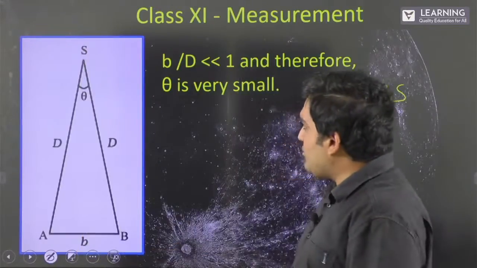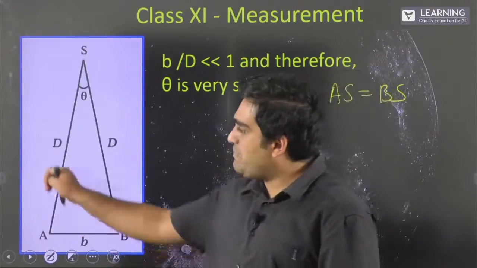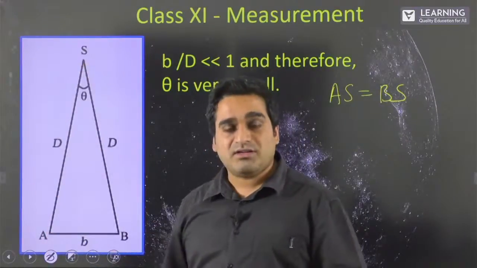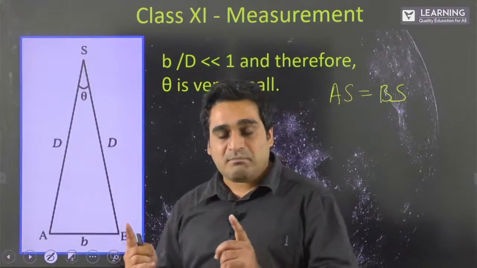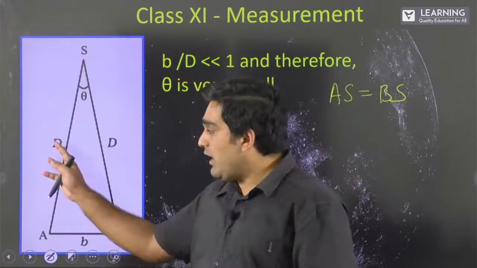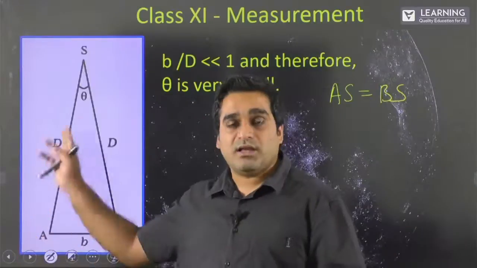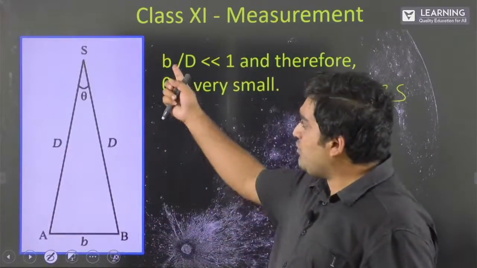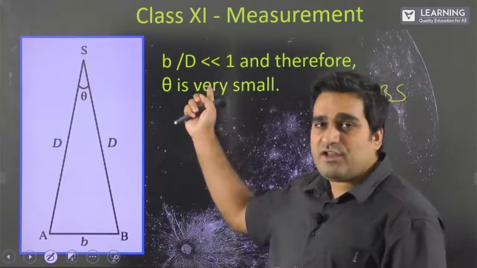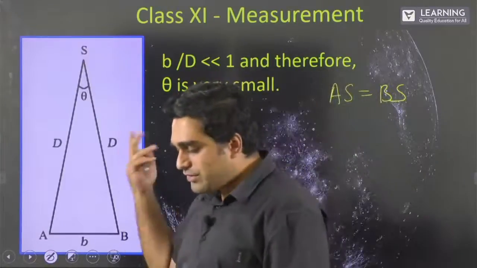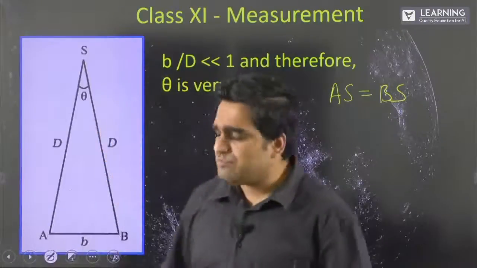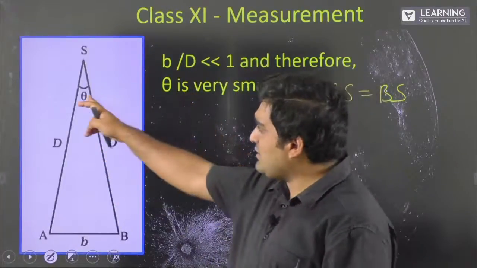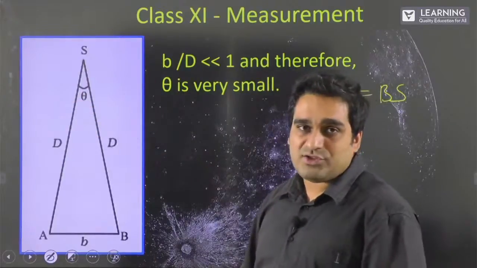So taking this into consideration, the ratio of B by D, since D would be extremely large, because the orbital diameter is comparatively small to the distance between the Earth and the star, which is enormous. So the ratio of B by D is very small, much smaller than 1. And therefore theta, the angle subtended, becomes very small.